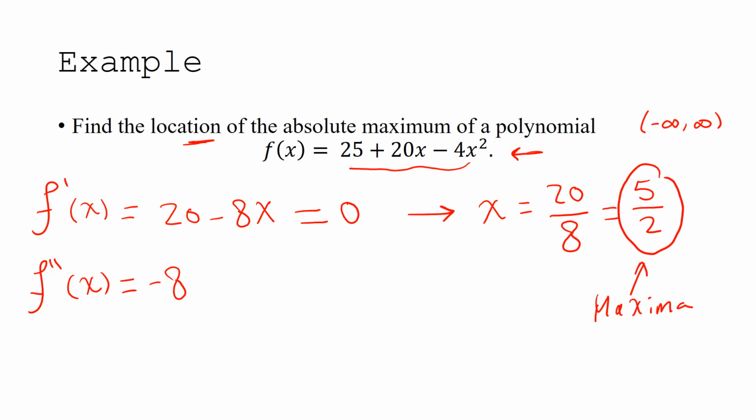Now we compute the value of the function at x equal to 5 over 2. So this gives us 50.